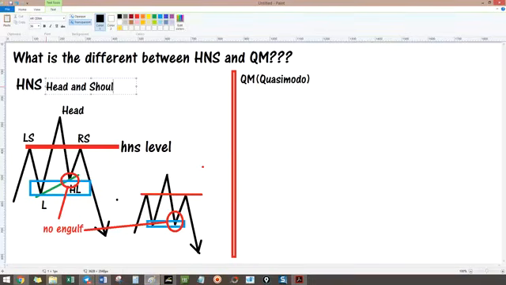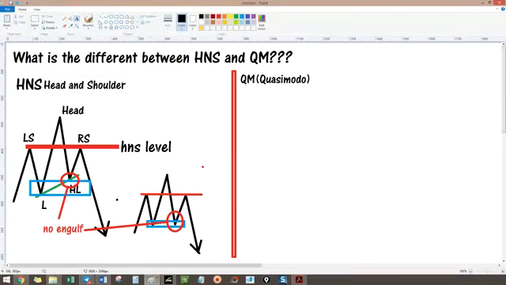Okay. Quasimodo, it will look something like this. 1, 2, 3, 4. Then we'll be entering on this left shoulder also.